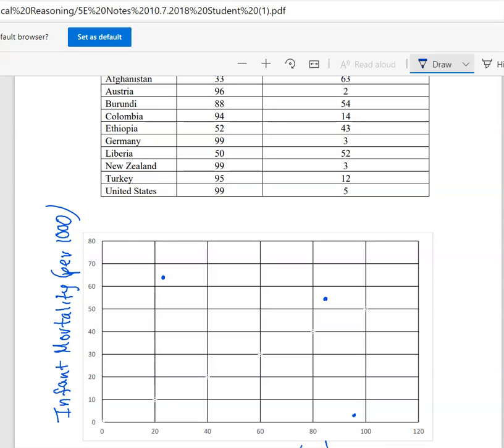Right around in here. 94, 14. 52, 43. 99, 3. 50, 52. 99, 3, we already plotted that one. 95, 12.